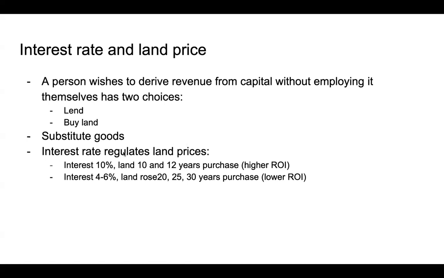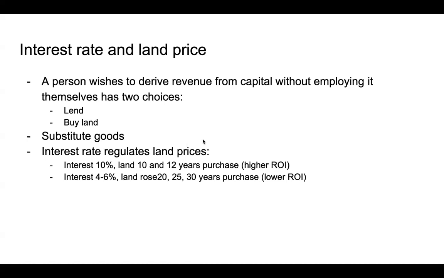And interest rate actually regulates land prices, or should I say, affects land prices. In medieval times, when the interest rate was about 10%, land was sold at 10 to 12 years' purchase. So you can see it as a higher return on investment.